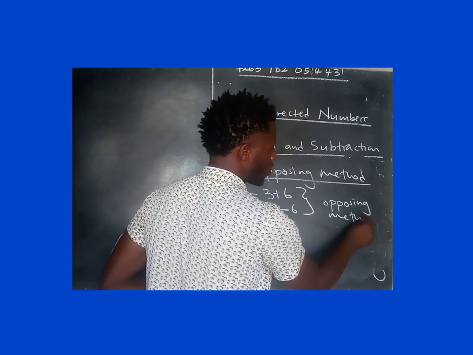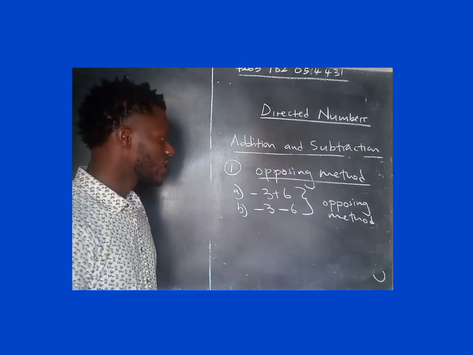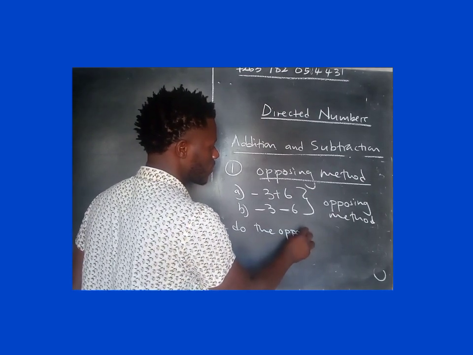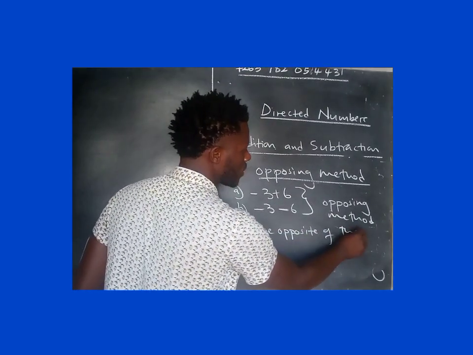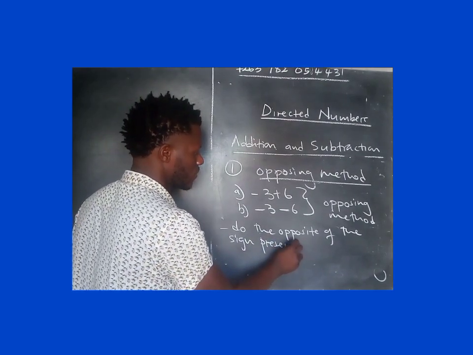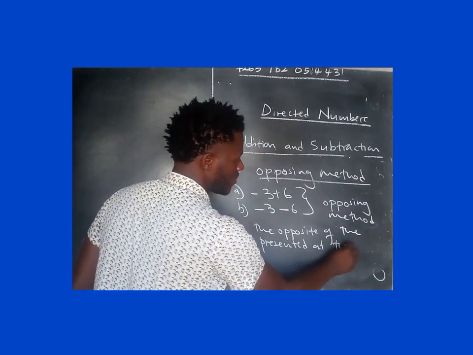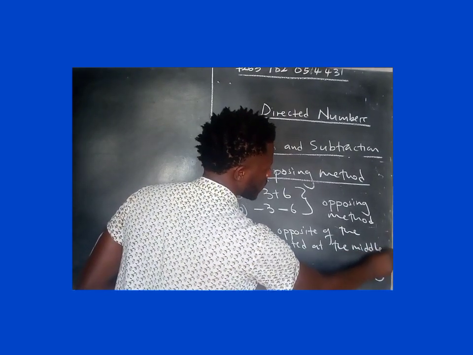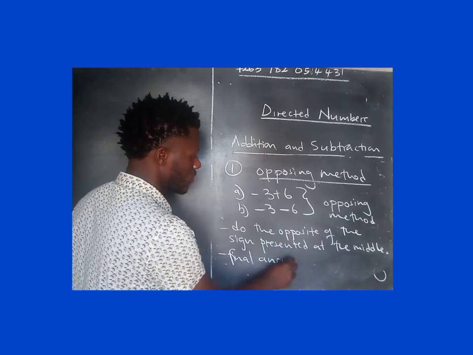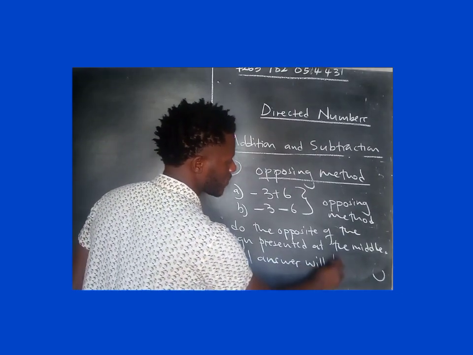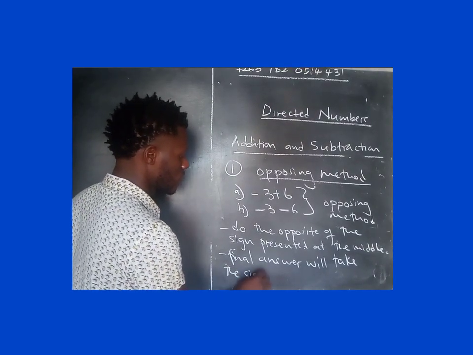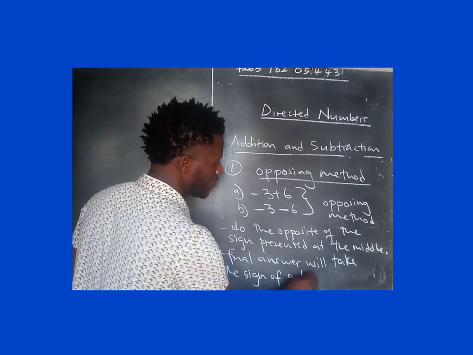By opposing method, we mean do the opposite of the sign presented at the middle. Right. Final answer, we will take the sign of a bigger value.